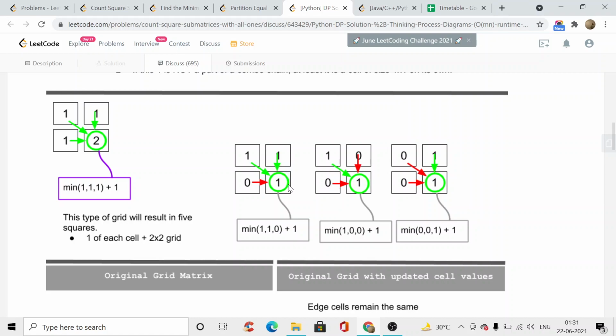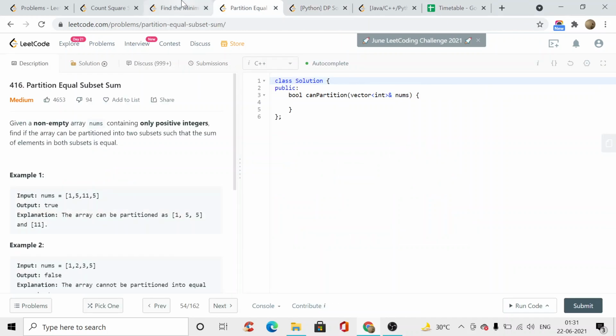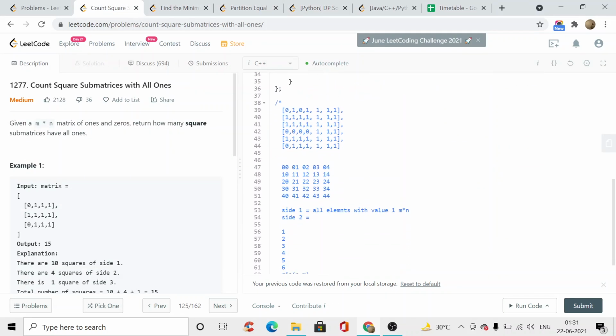And over here, what it's doing is, if something is 1 and its surroundings are like 0 and 0, we only consider what squares it will form using this, just like we did in this problem. If it is 1, there is a high chance that it's going to make some squares.